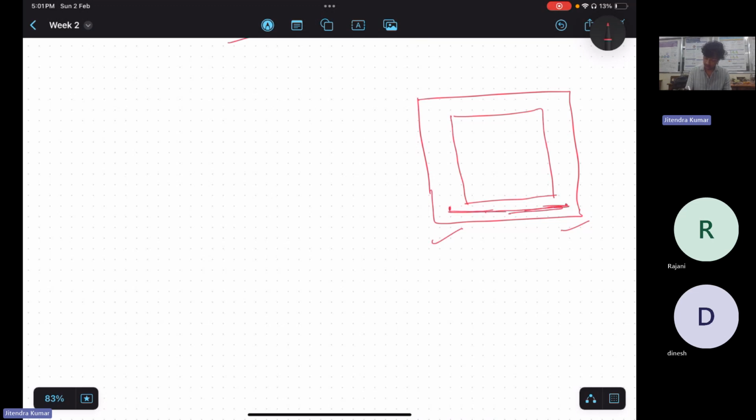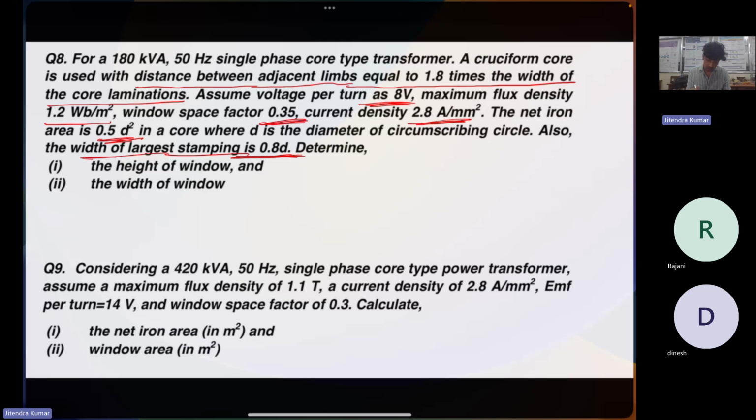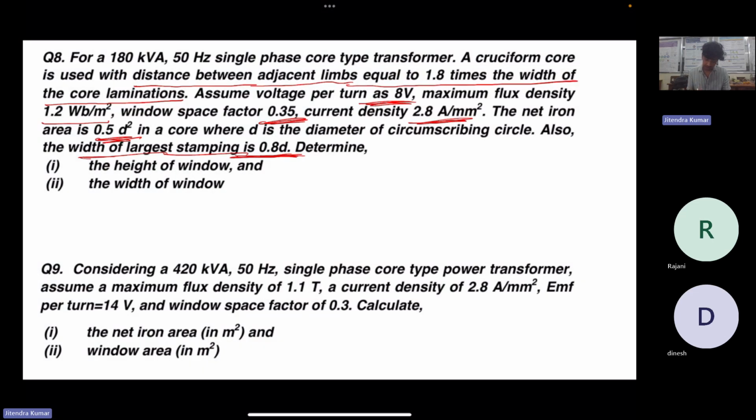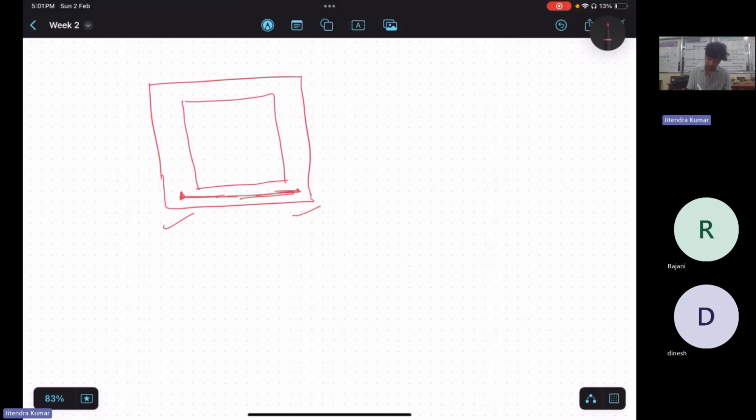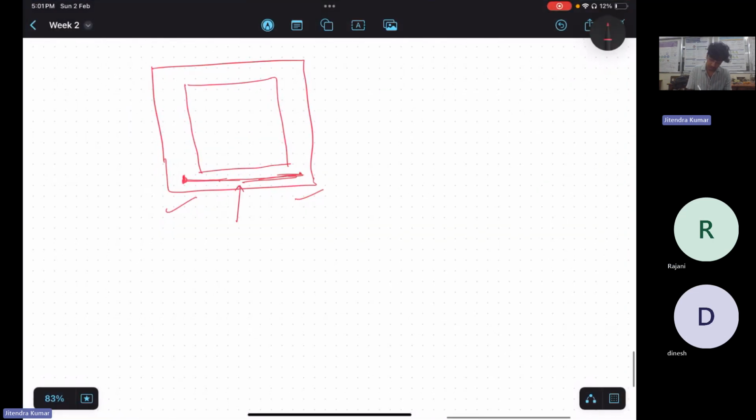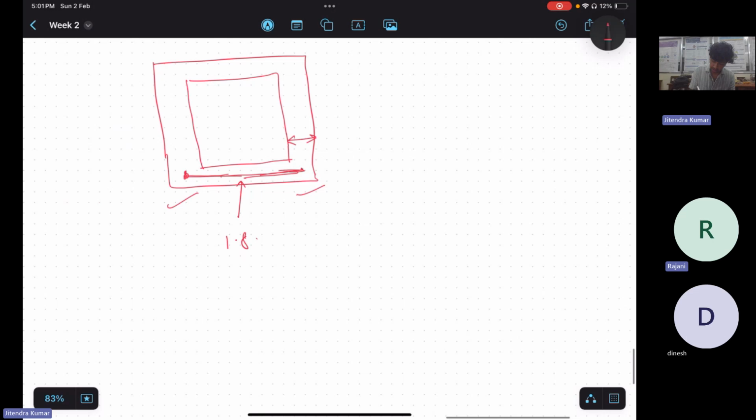So this width was given, which is nothing but 1.8 times the width of the core lamination, that is this A, this lamination width. Can we calculate this lamination width here?